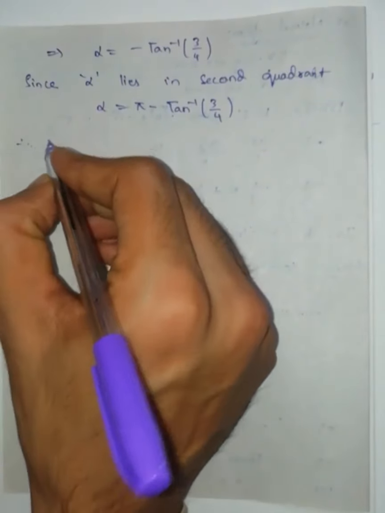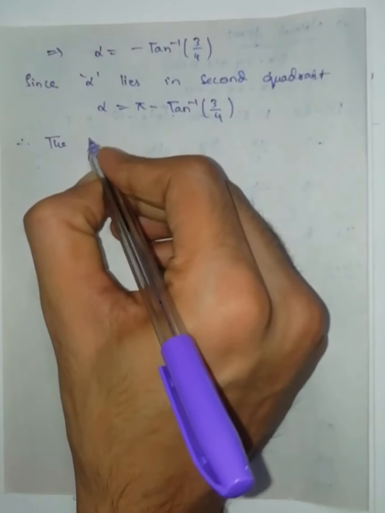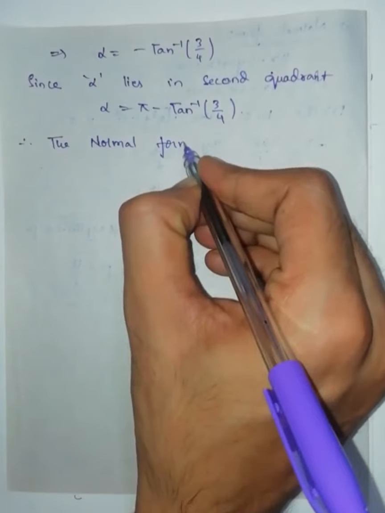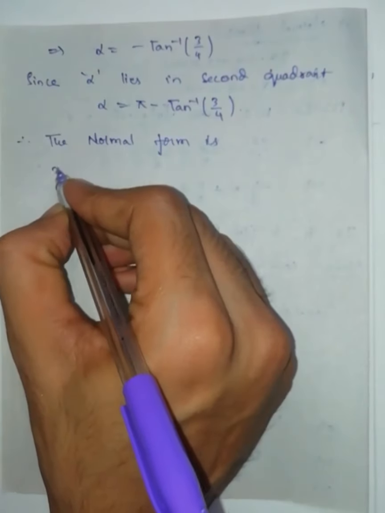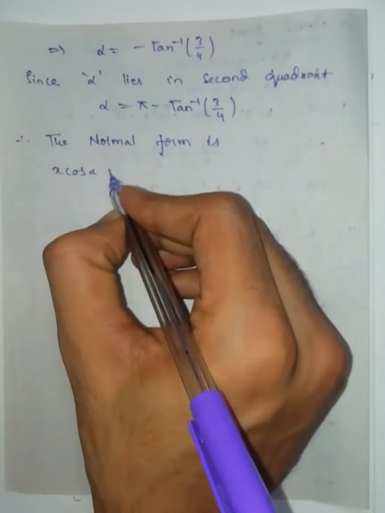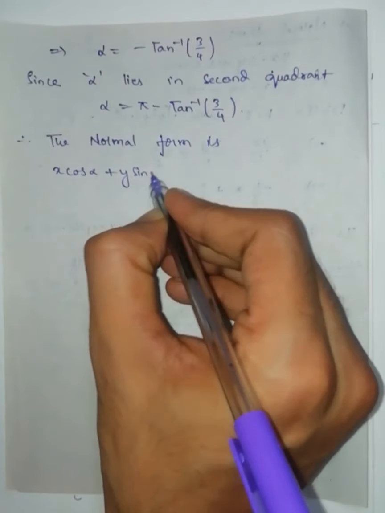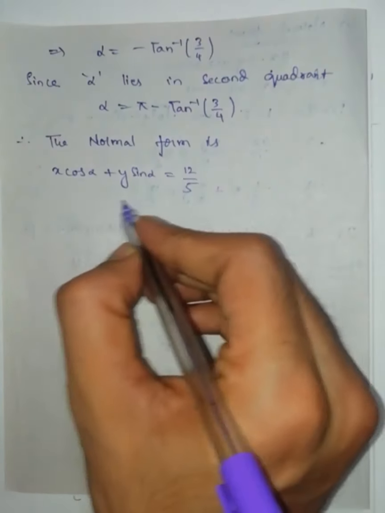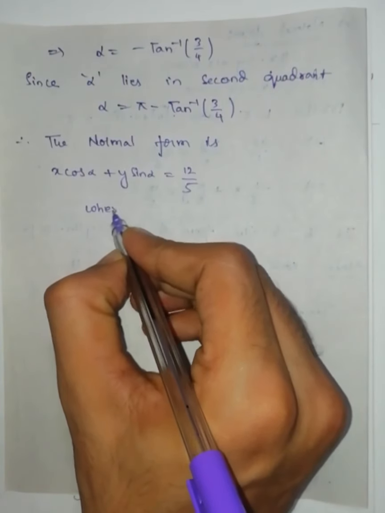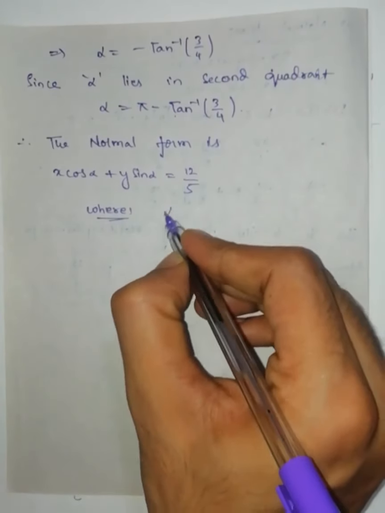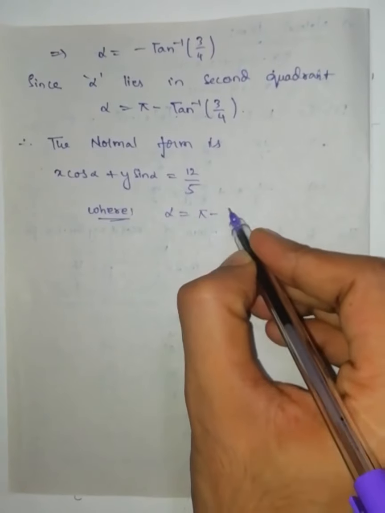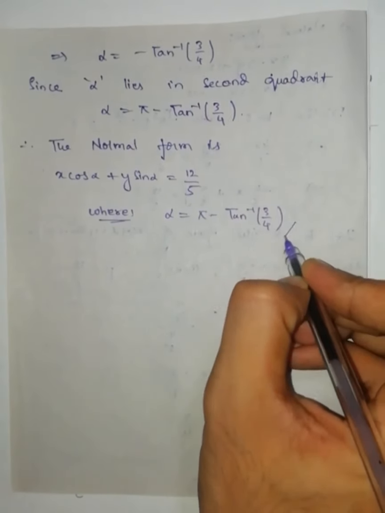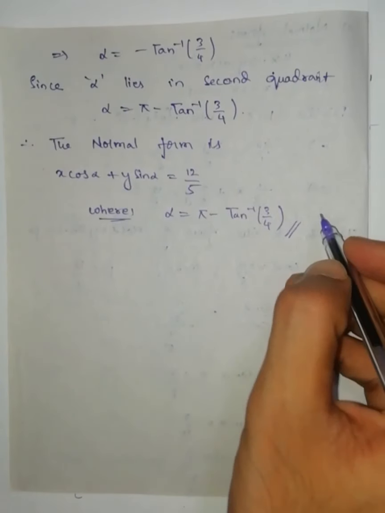Therefore, the normal form is x cos alpha plus y sin alpha is equal to p, that is 12 by 5, where alpha is equal to pi minus tan inverse 3 by 4.